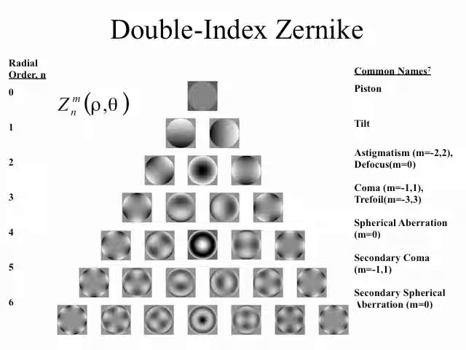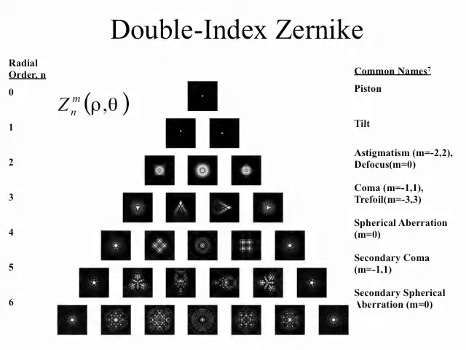Defocus and astigmatism are, and then we have coma, trefoil, secondary coma. And these are the comparable point spread functions for the different Zernike polynomials.